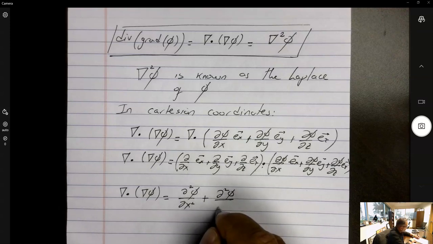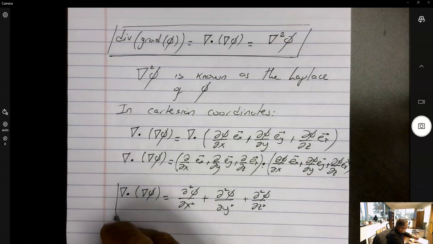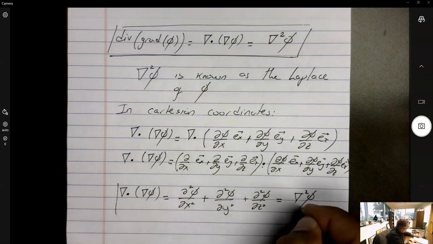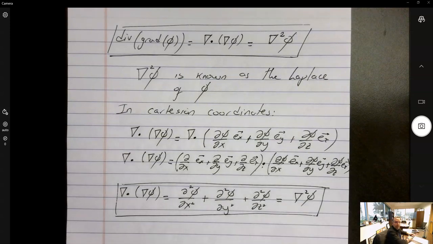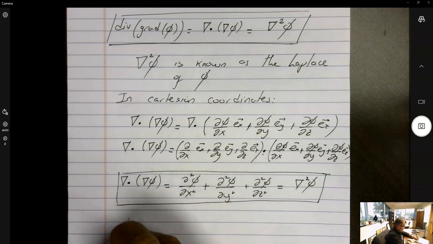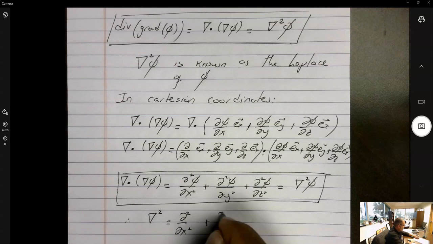Plus the second derivative with respect to y squared of phi, plus the second derivative with respect to z squared of phi. And that we call the Laplace of phi. So the Laplace of a scalar is essentially taking the second derivative with respect to each of the coordinates.